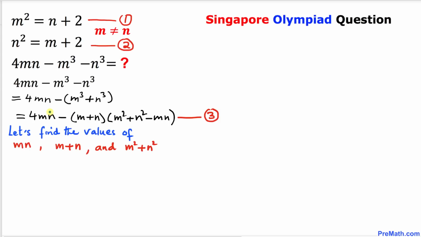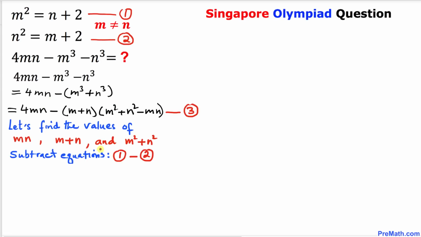And now our task is to find the value of mn, m + n, m² + n², and once again mn. And here's our next step. Let's subtract equations. We're going to subtract equation 2 from equation 1. Here I have copied down equations 1 and 2, as you can see.